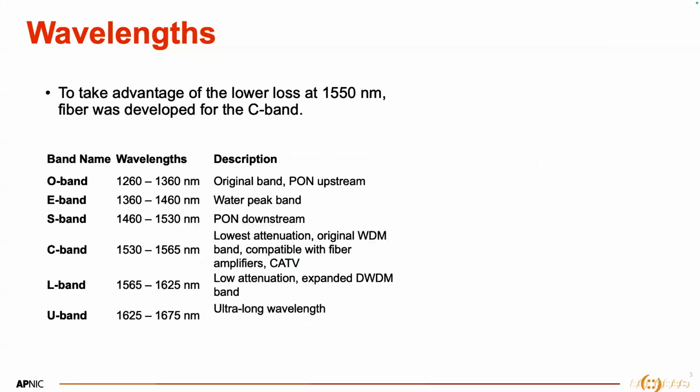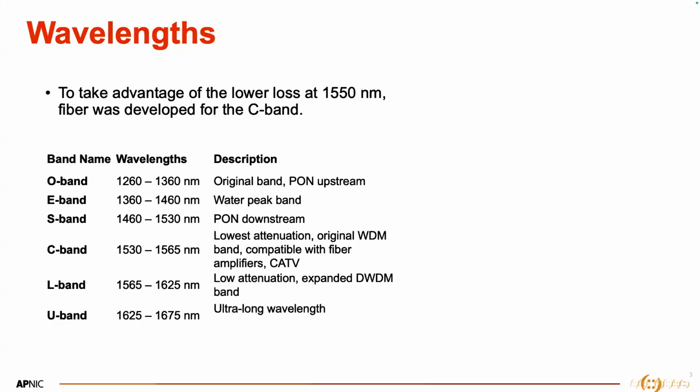So what are those? As you can see, there are some bands. We have segregated the infrared segment into different bands: O band, E band, S band, C band, L band, and U band, right? Different bands have different working principles or different usages for communication or for any other purpose. What we are trying to focus on here is the C band and L band.